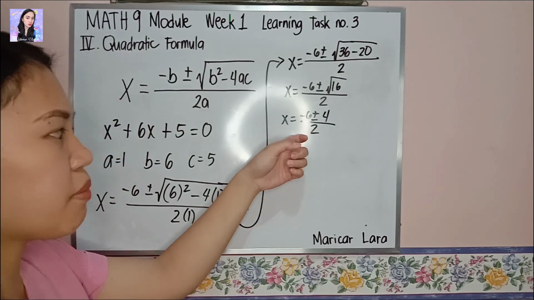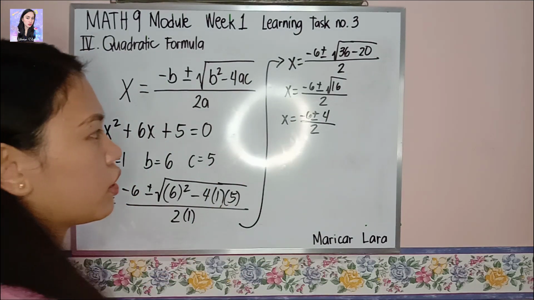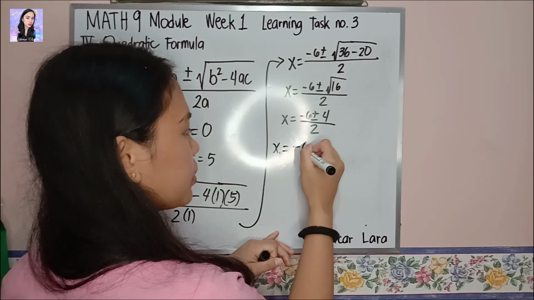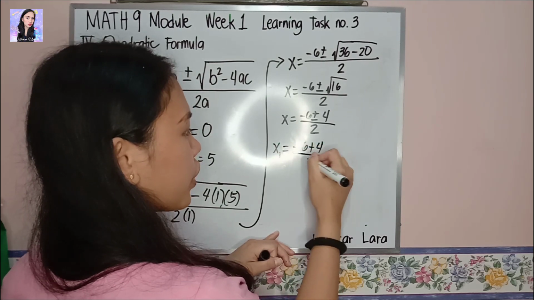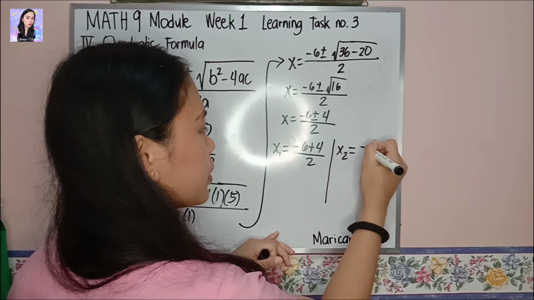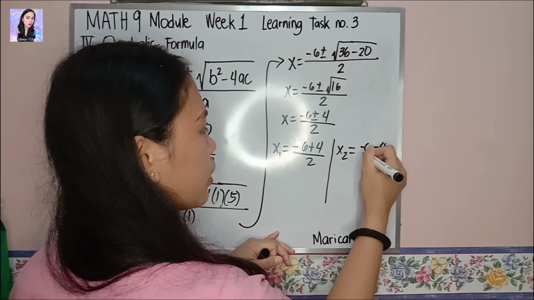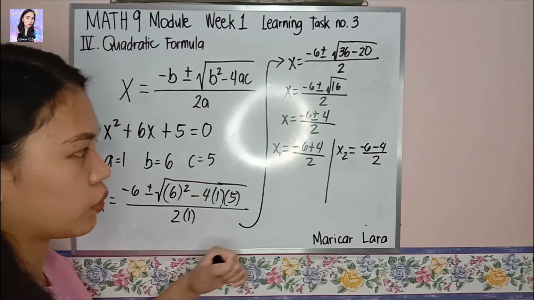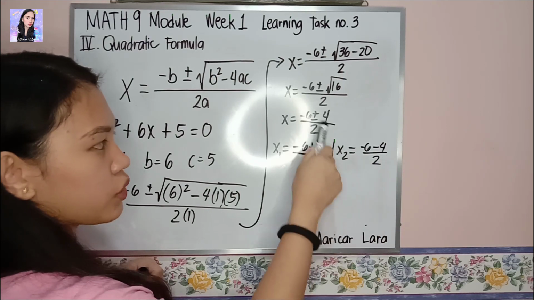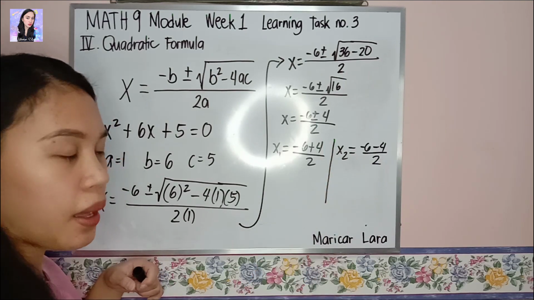Okay? So this time, magkakaroon na tayo ng dalawang equation. So we have yung unang x, negative 6 plus 4 over 2. Yung pangalawa ay negative 6 minus 4 over 2. Pinaghiwalay natin yung plus and minus.